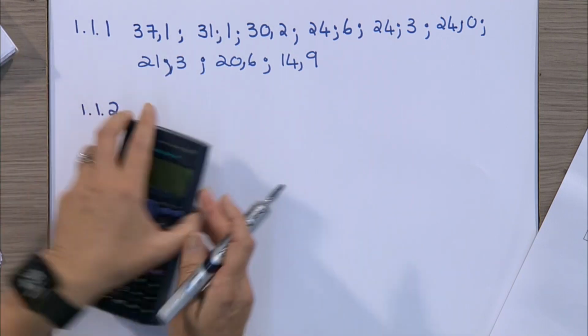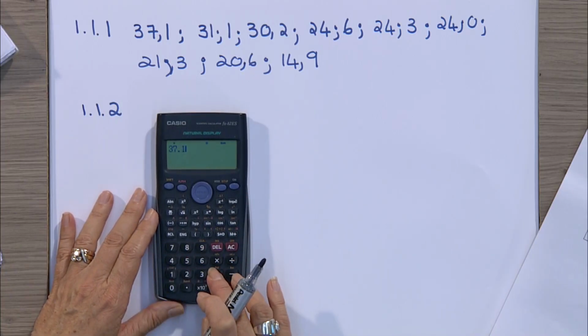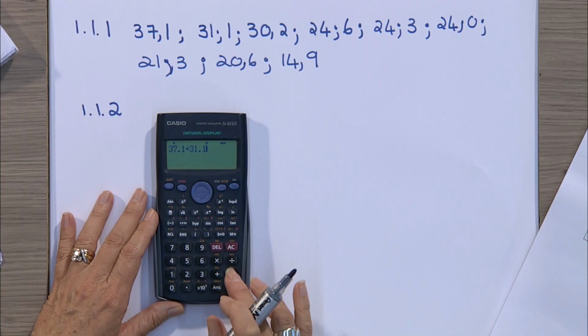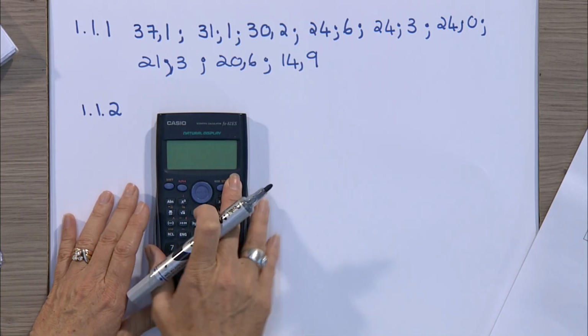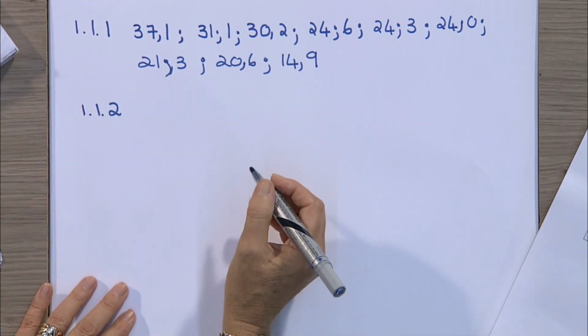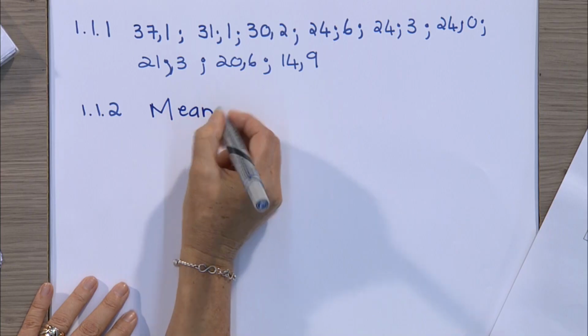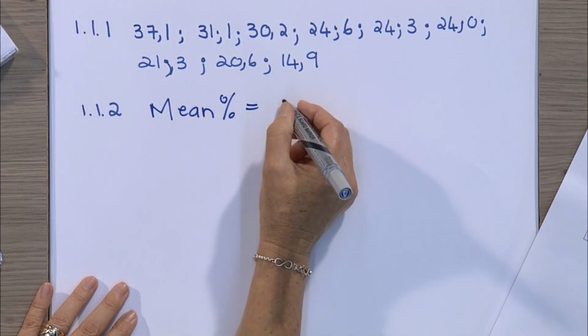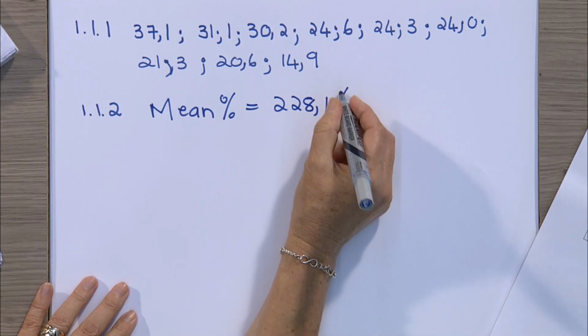You are going to take your calculator, you're going to say 37.1 plus 31.1 plus 30.2. You are going to add them all up, and then you are going to arrive at an answer that gives you 228.1%.